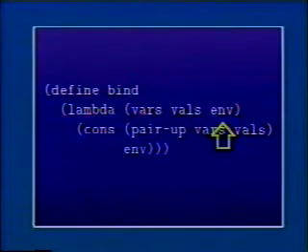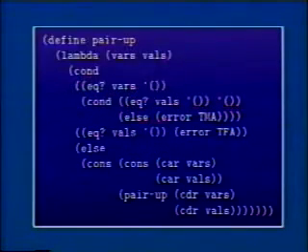So given an existing environment structure, I'm going to make a new environment structure by consing a new frame onto the existing environment structure, where the new frame consists of the result of pairing up the variables, which are the bound variables of the procedure I'm applying, to the values, which are the arguments that were passed to that procedure. So it's just making a list. I'm adding a new element to a list of frames, which is an environment structure, to make a new environment. Okay. Where pair up is very simple.